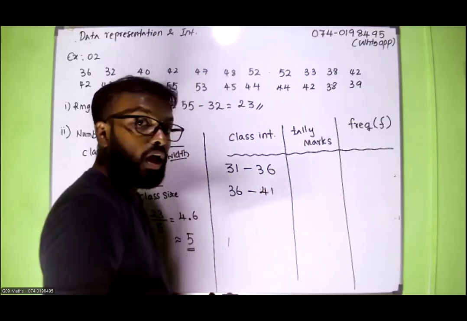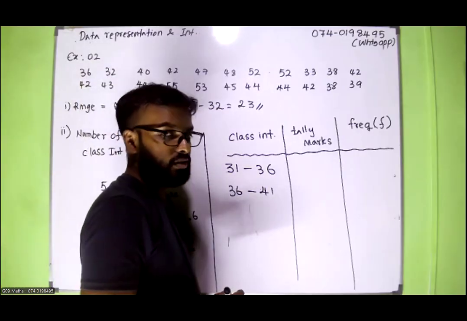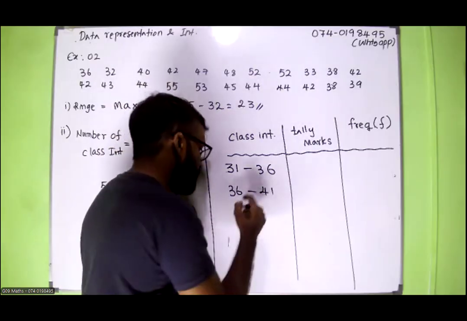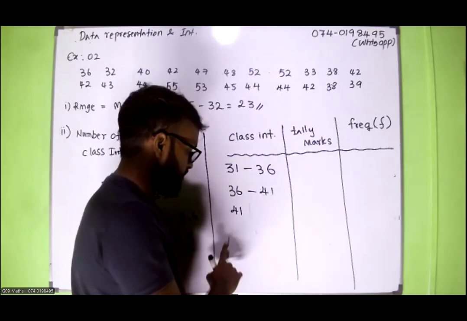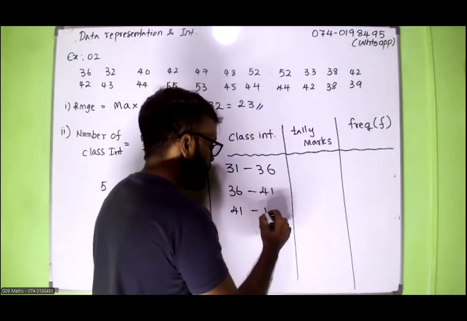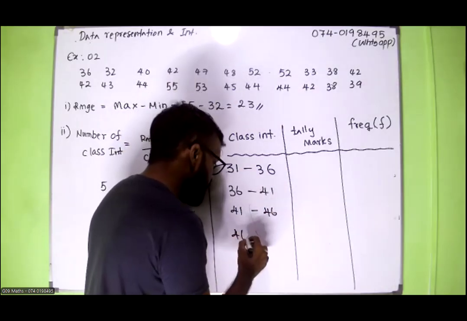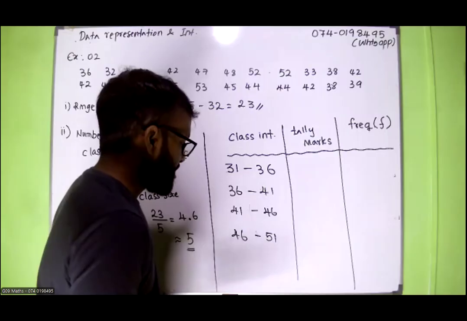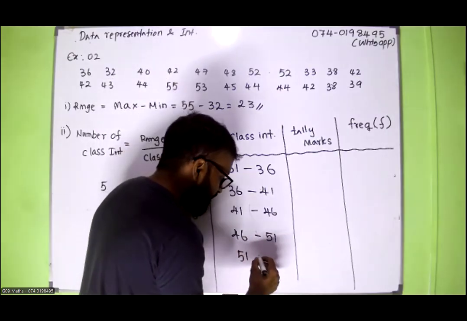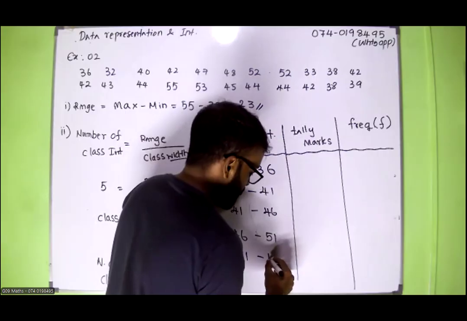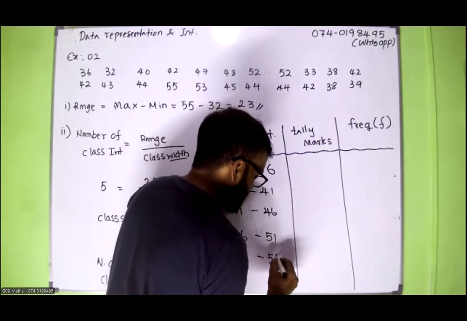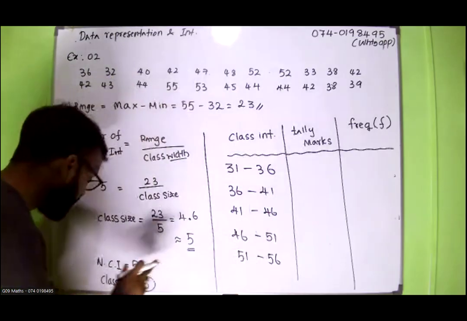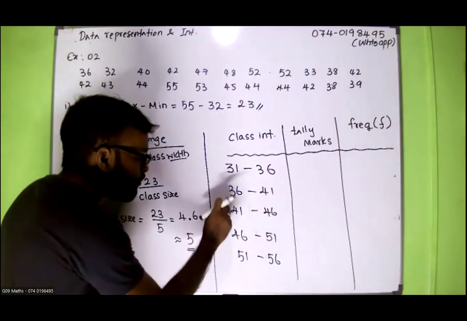So the starting point of the third class interval is 41. 41 plus 5, 46. 46 plus 5, 51. Then the starting point is 51. 51 plus 5, 56. So how many class intervals should there be? 5: 1, 2, 3, 4, 5.